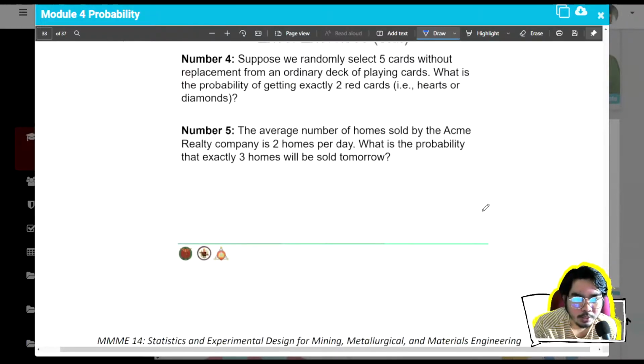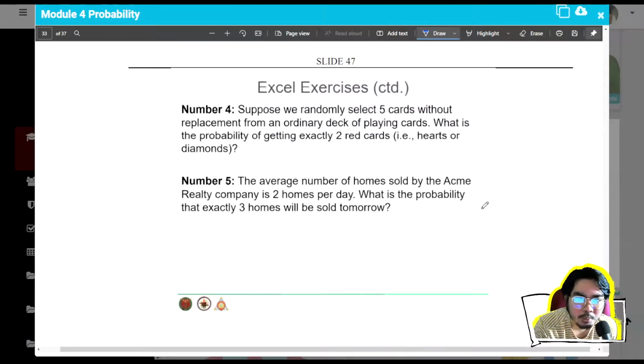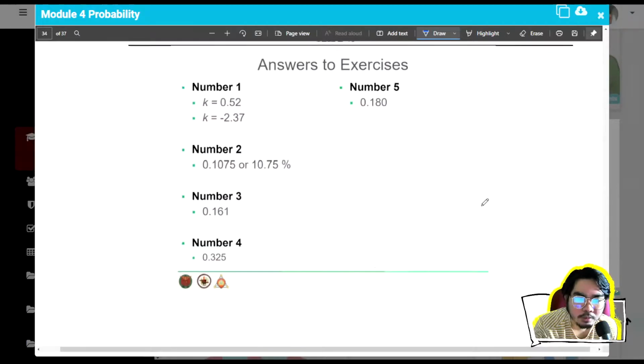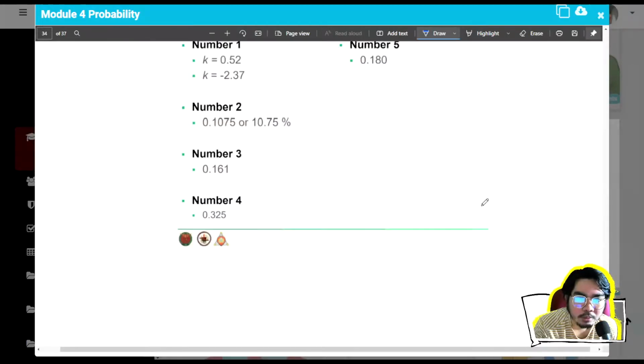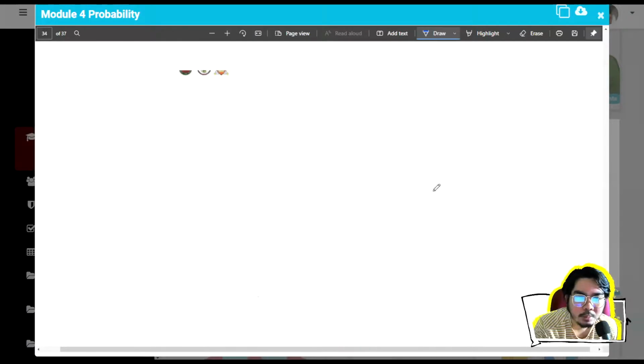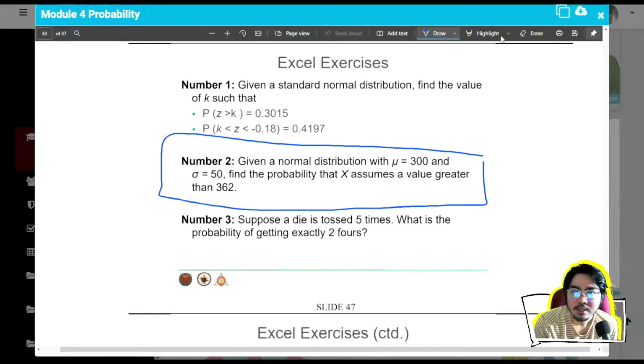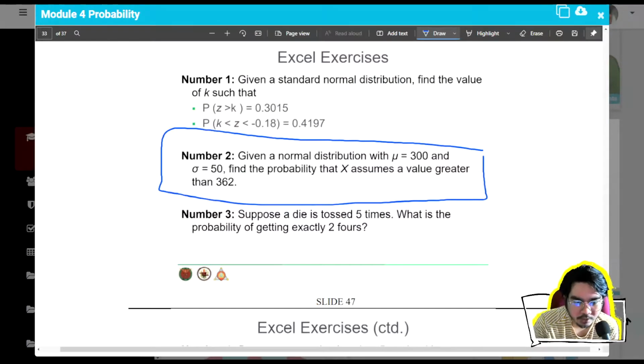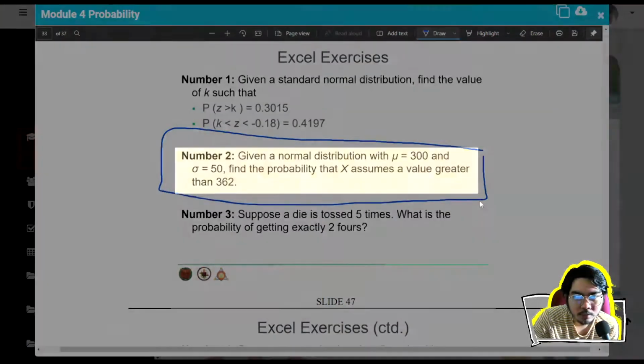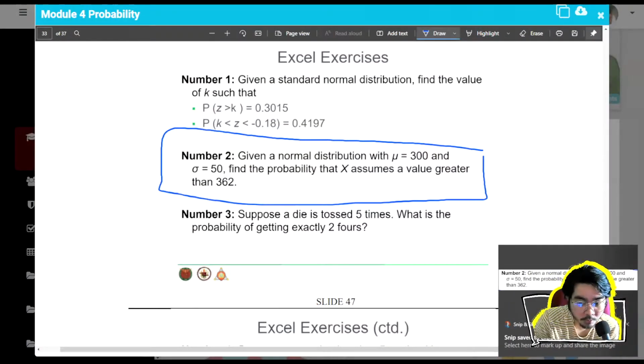Wait, let me find the hardest one. It looks like this is the hardest, and maybe I can just do variations of this. Bear with me, guys. But if you have classes after this, you can leave the session. I'll be recording.